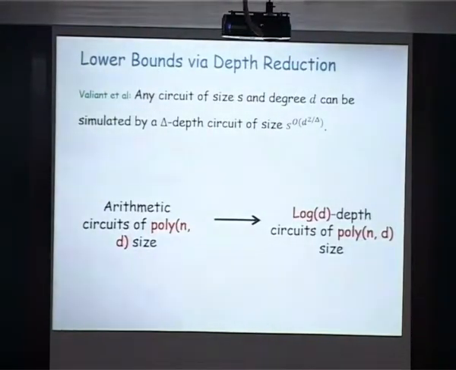And here let's recall that we are thinking of all the gates in the circuit having unbounded fan-in. So for example, if you pick delta to be log d, from polynomial size circuits you will get to log depth circuits of polynomial size.